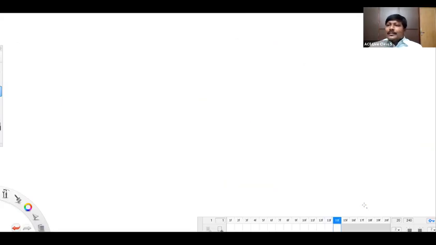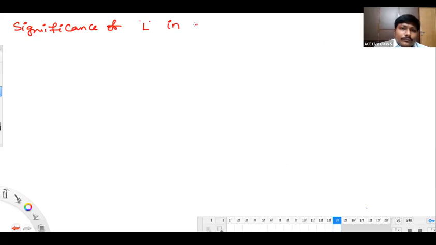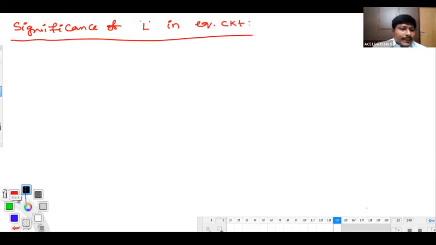What is the significance of the inductance placement in the circuit? Why do we have to keep that inductance in the electrical equivalent circuit? Significance of L in the electrical equivalent circuit. See, one thing we already said, it is going to represent the magnetic flux linkages occurring in the conductor during the current flow.